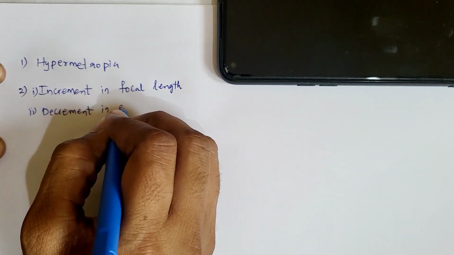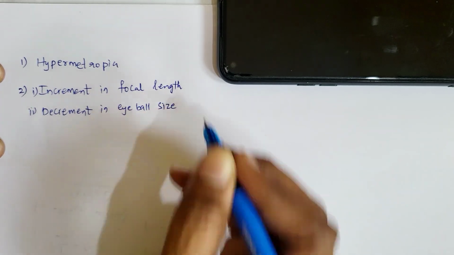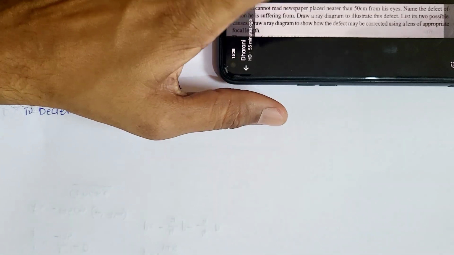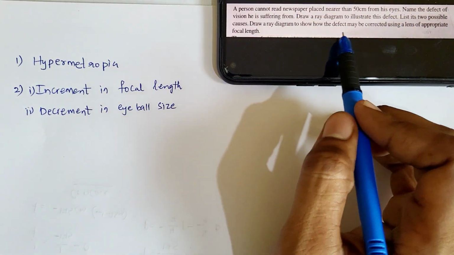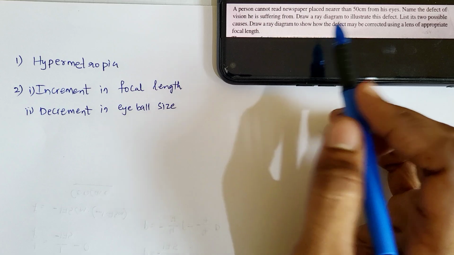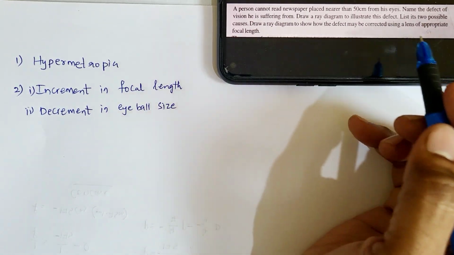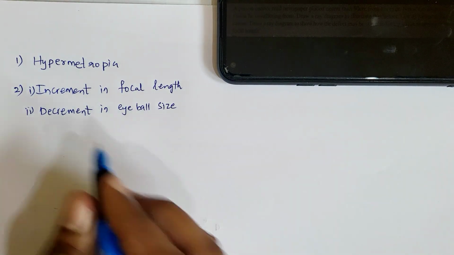Second cause will be decrement in eyeball size. These will be the causes of hypermetropia. And next, draw the ray diagram to show how the defect may be corrected using a lens of appropriate focal length. Right? Using a lens of appropriate focal length, let us find out the lens power now.